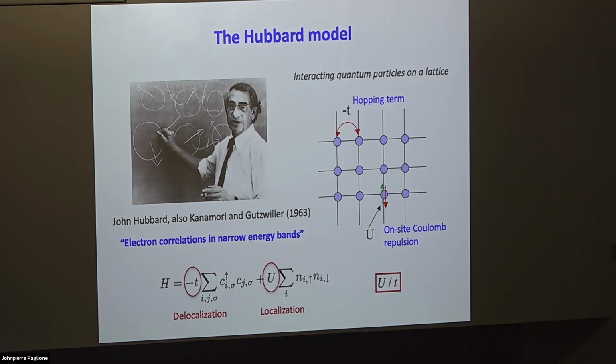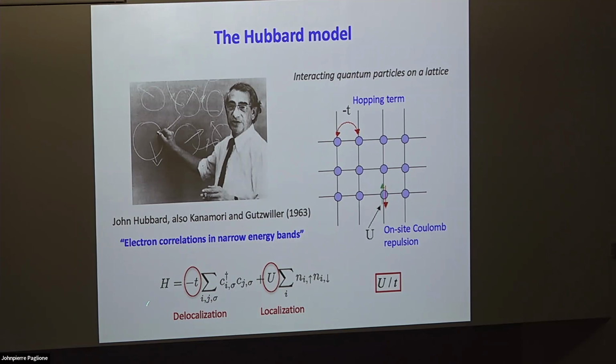These two terms tell the electrons to do totally opposite things. The tunneling tells the electrons to delocalize as much as possible, to move around and gain kinetic energy. But U tells the electrons not to move around too much, because if you move around too much, you may end up finding another electron on the same site, and that costs you Coulomb repulsion energy.